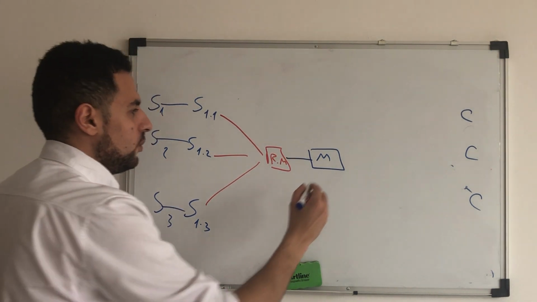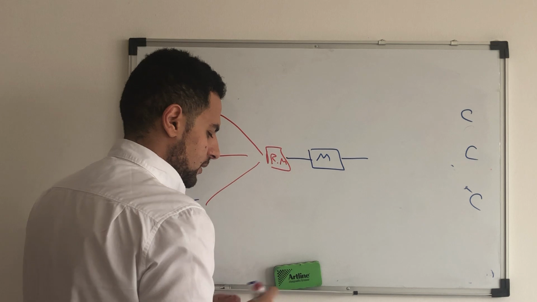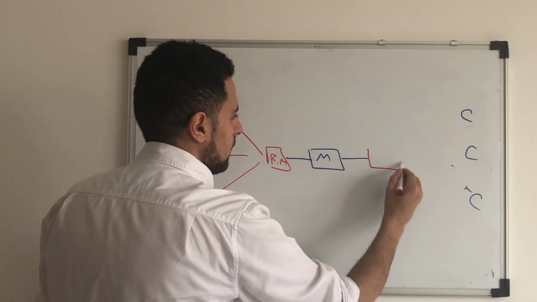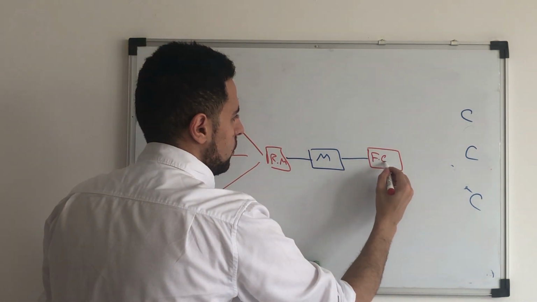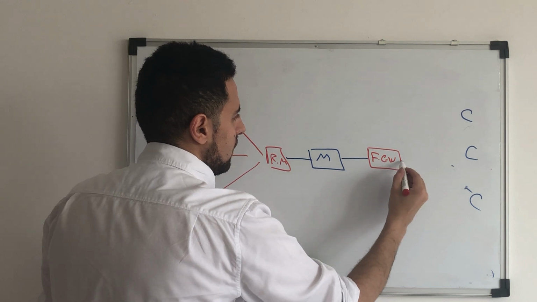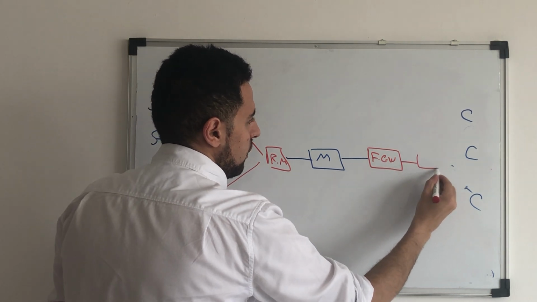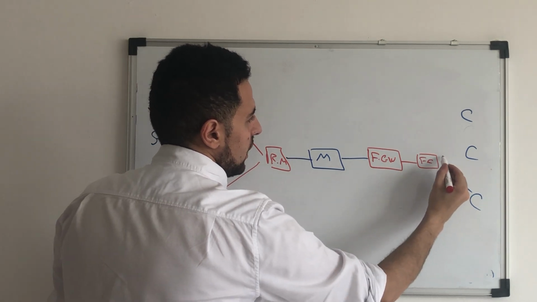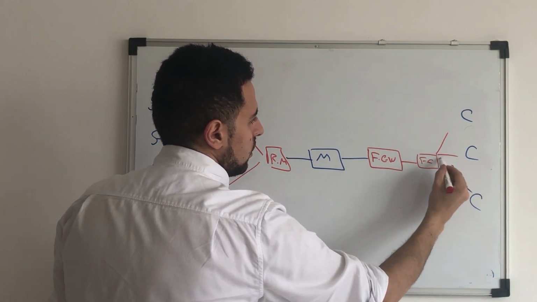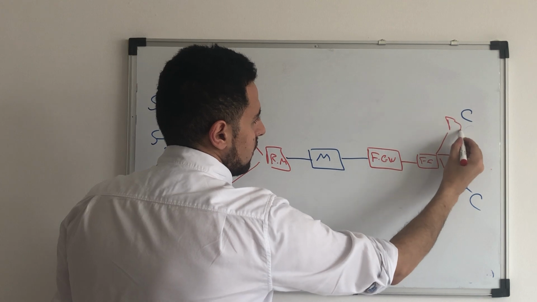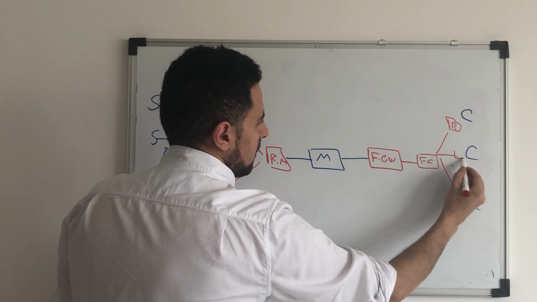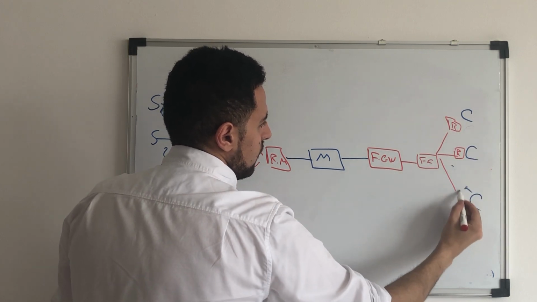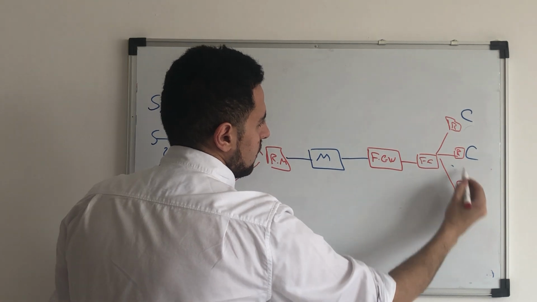And then we can have a finished goods warehouse, and then we can have a fulfillment center, and then we can also have retailers, and the retailers serve our customers.